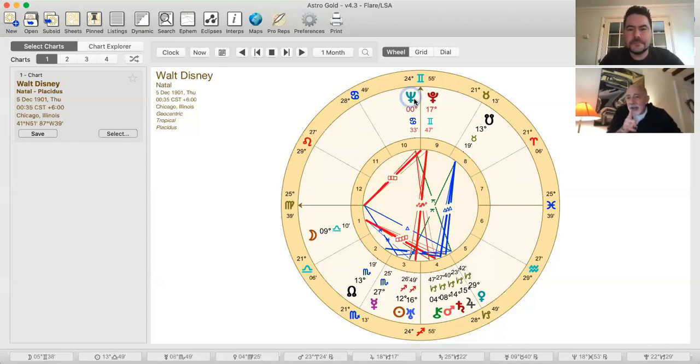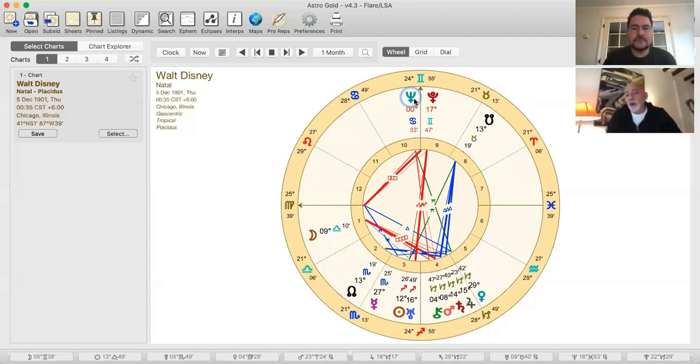And this Neptune is especially powerful, not only because it's the handle of the bucket for the time when he was born, but it also sits at the cardinal degree, 0 Cancer, which means that his Neptune is going to reach a world that is far and wide.